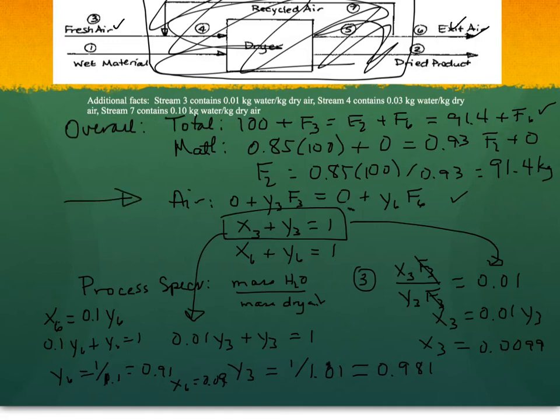Let me change colors here. Now I know these numbers here, 0.981 and 0.91. I could solve for F3 and plug that in here. I need more paper.